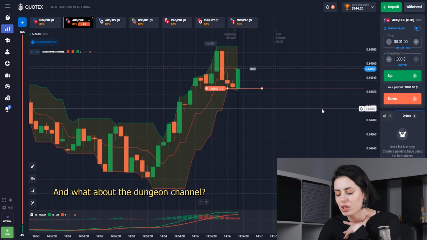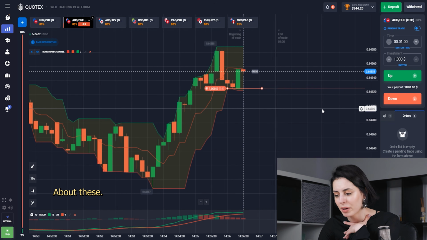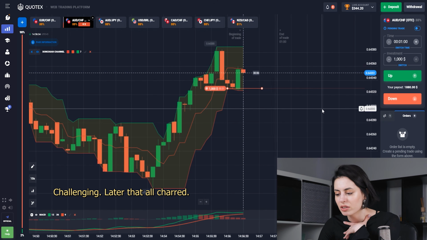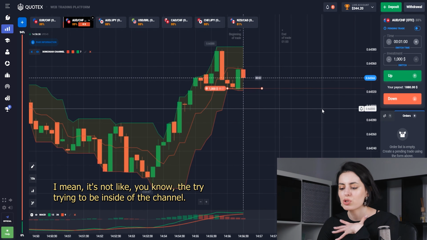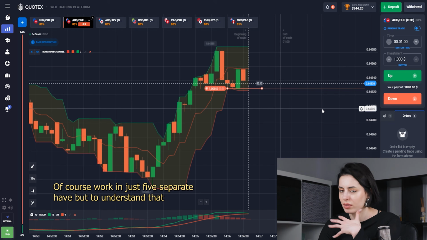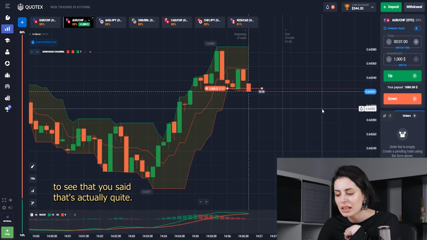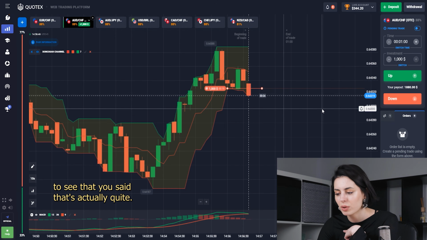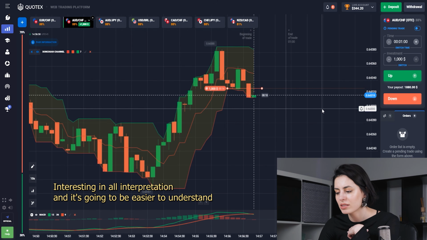And what about the Donchian Channel? It's quite important to remember about this channel indicator that the whole chart tries to be inside of the channel. Of course, it works just vice versa. But to understand that, to see that, to use it, is quite an interesting interpretation, and it's going to be easier to understand.